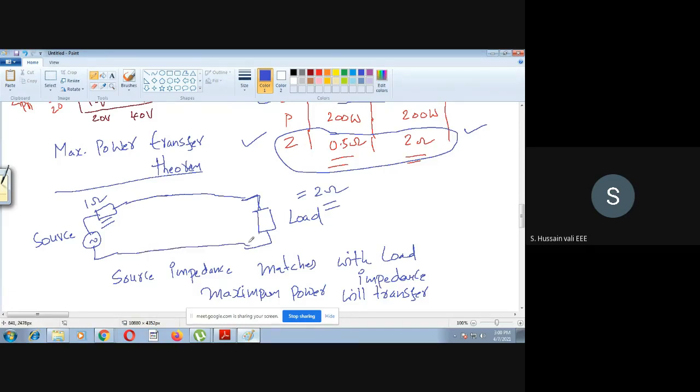So in that case, maximum power can never transfer between the source and load. This is what the maximum power transfer theorem says: whenever you want to transfer maximum power from source to the load, you definitely have to match the source impedance with the load impedance.